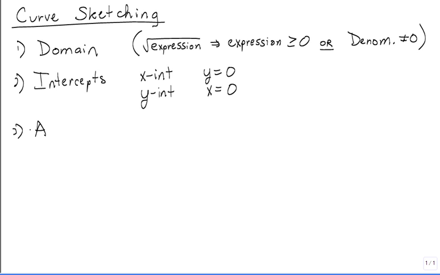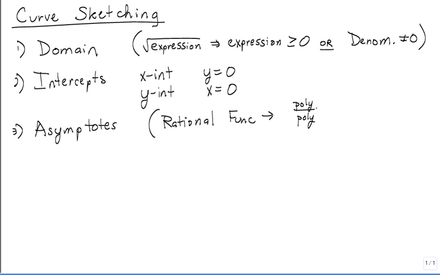Then you have asymptotes if it's a rational function. And again, later on, logs and exponentials will be different. But if you have a rational function, which means you have a polynomial in the numerator and a polynomial in the denominator, then you're going to have an asymptote. If not, then you can skip that step.